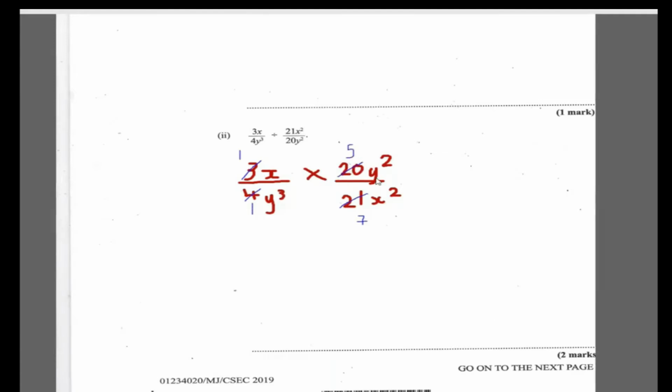In reality, what we're getting is 1 times 5y squared, which is 5y squared, and then it's being multiplied by x, and it's divided by 1 times y cubed times x squared. So it's 7y cubed times x squared.